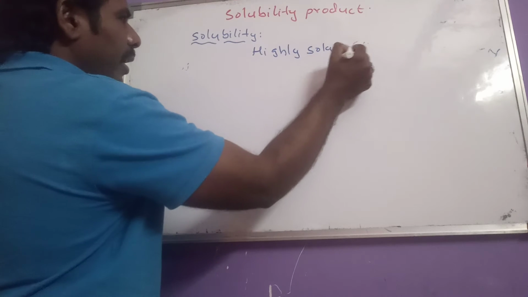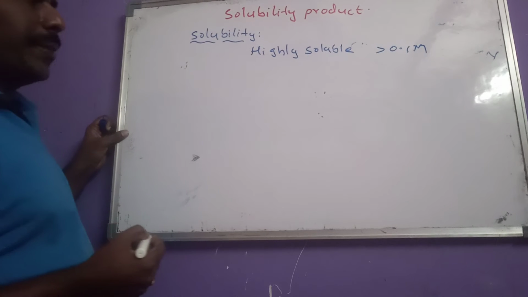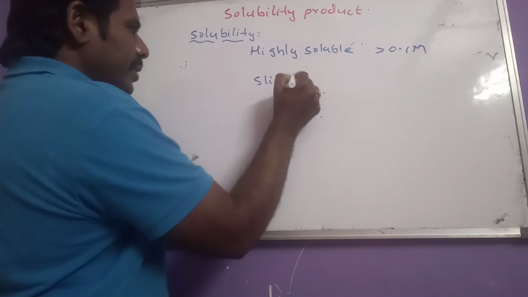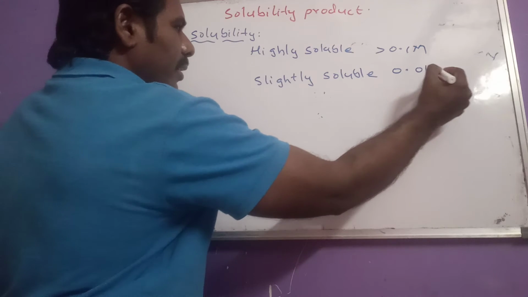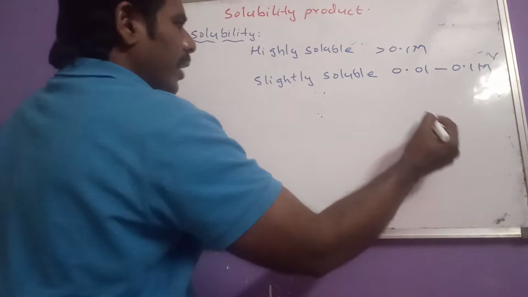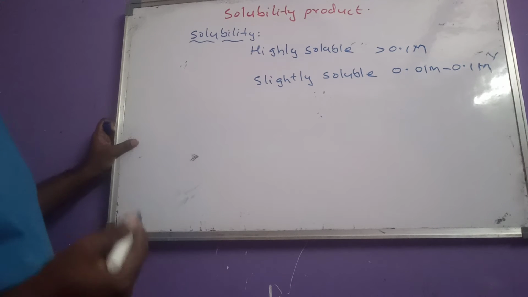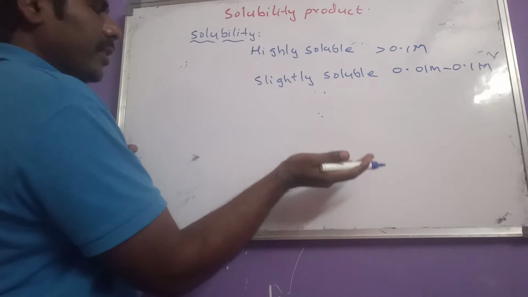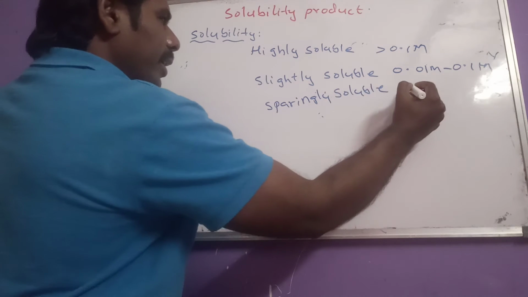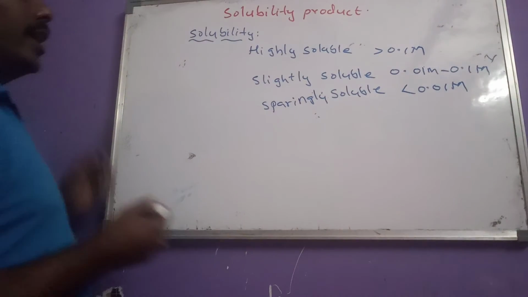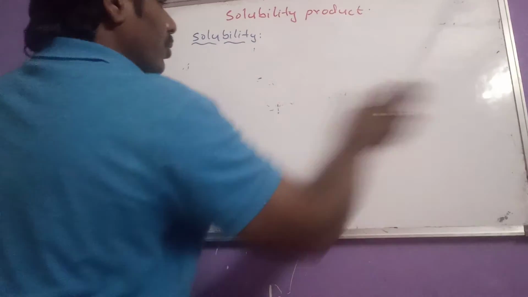A salt is said to be highly soluble if its concentration in solution is greater than 0.1 M. The second one is slightly soluble, when the solubility of the salt is between 0.01 M and 0.1 M. The third one is sparingly soluble, which means its solubility is less than 0.01 M. So like that, based on solubility, we classify salts into three types.